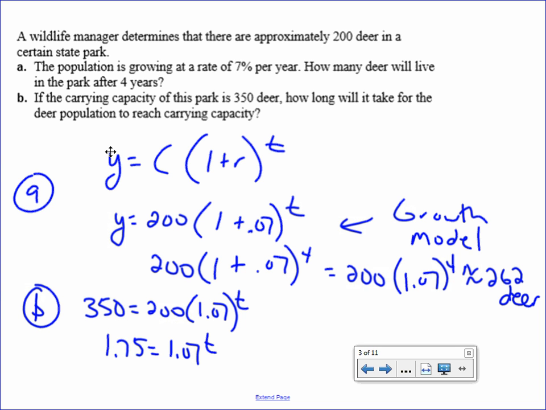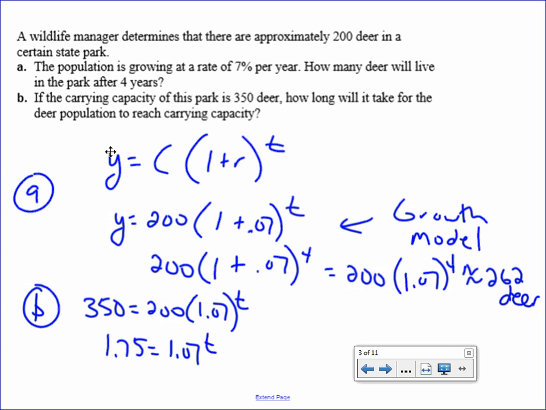Now, to figure that out, you can make a kind of chart to figure out what t would be. So you put in 1.07, say, to the 5th power. Am I close to 1.75? Not quite. So I do it again, 1.07 to the 10th power. Okay, so I know it's somewhere between 5 and 10 because after 10 it would be 1.96.